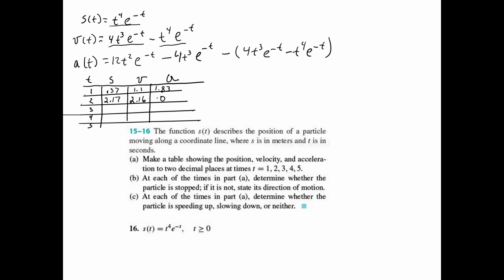But the acceleration is zero, and so then what that tells me is that if there is no change in velocity, the object is not speeding up or slowing down, but it is moving to the right because its velocity is positive, but it's not speeding up or slowing down.